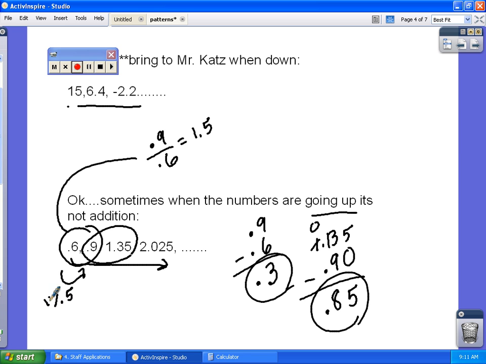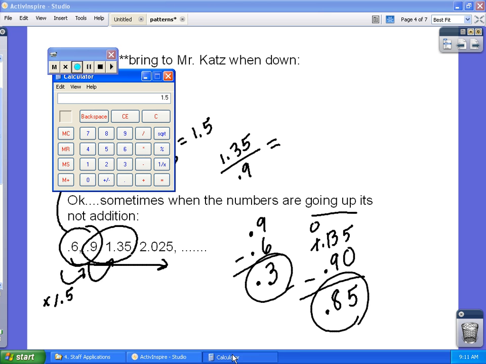But in order for this to be a pattern, I have to make sure it works for the next one. So I'm going to take the 1.35 and divide it by 0.9. 1.35 divided by 0.9.